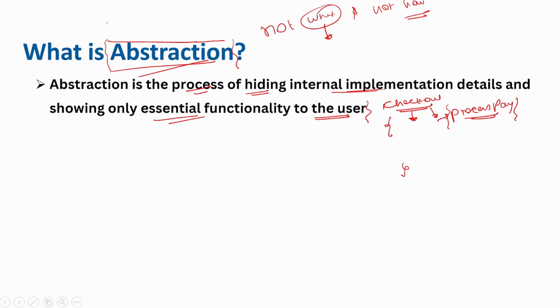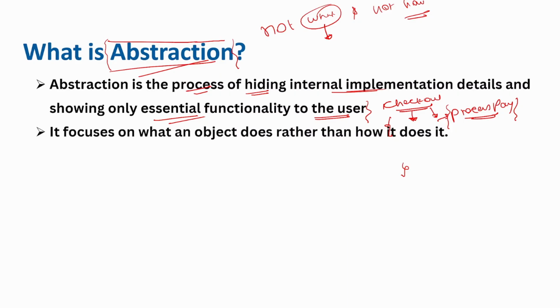Abstraction focuses on what an object does rather than how it does it. The checkout class needs a payment processor whose role is to process payment. It does not care how this payment is processed. It only needs to know what needs to be done, like process payment.